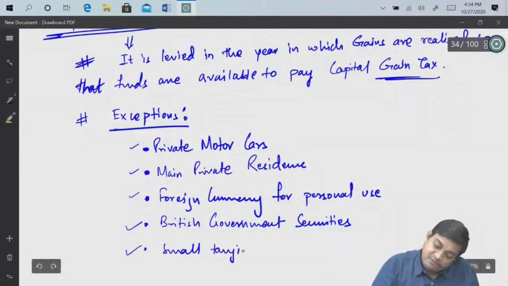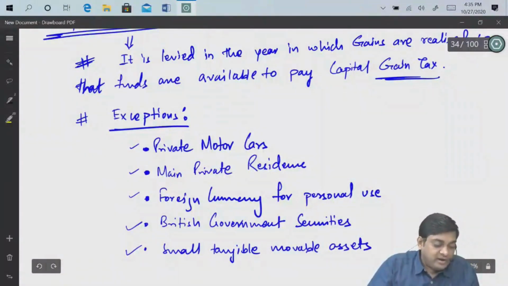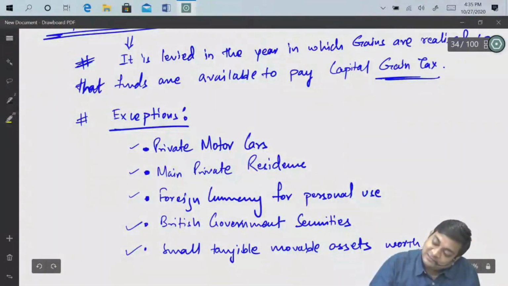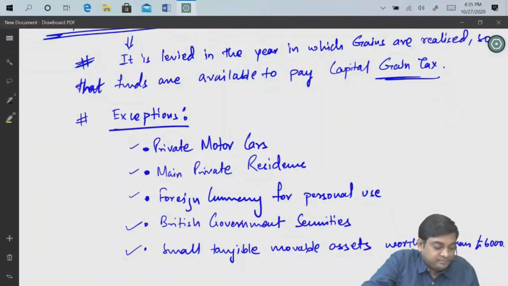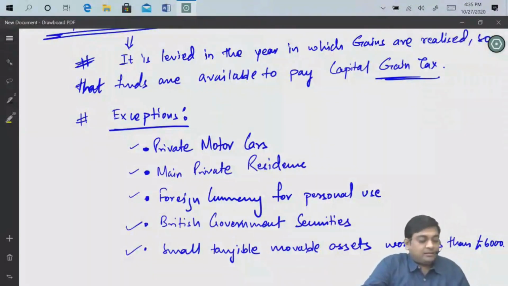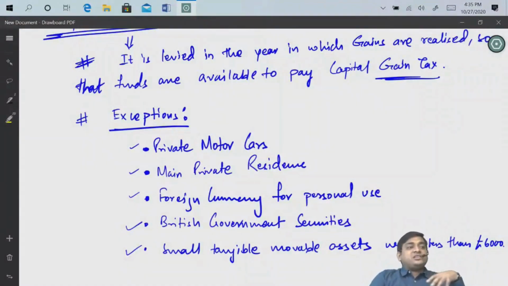Small tangible movable assets, right, worth less than 6,000 pounds. You might have furnitures, antiques, jewelries, right? On these we do not charge capital gain tax.